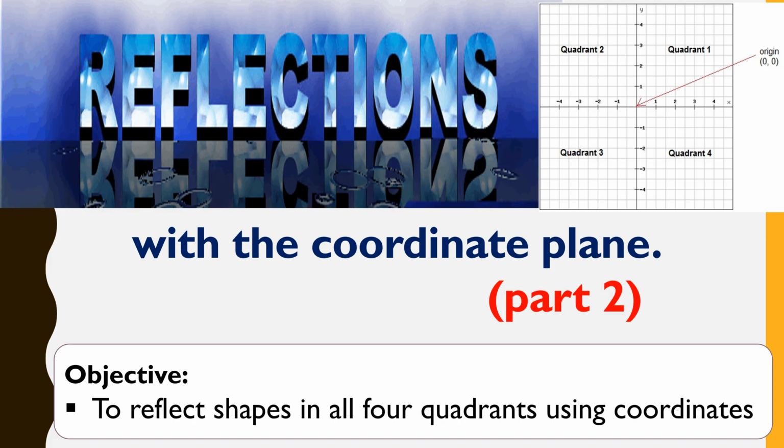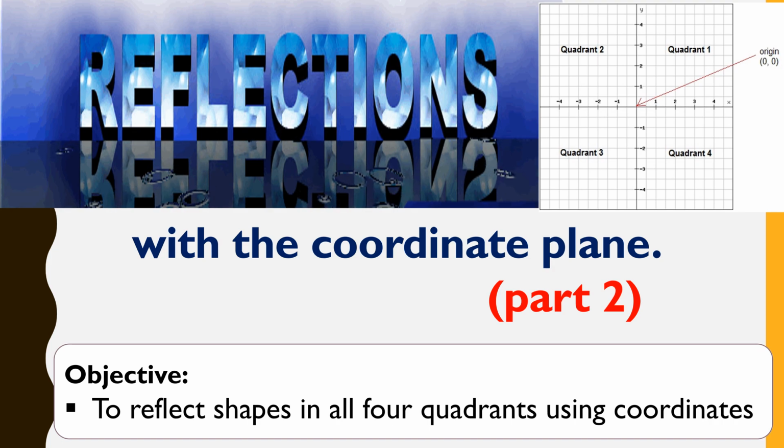Now let me quickly refresh your memory on coordinate plane. Now a coordinate plane is a two-dimensional plane formed by intersection of the vertical line called the y-axis and the horizontal line called the x-axis.